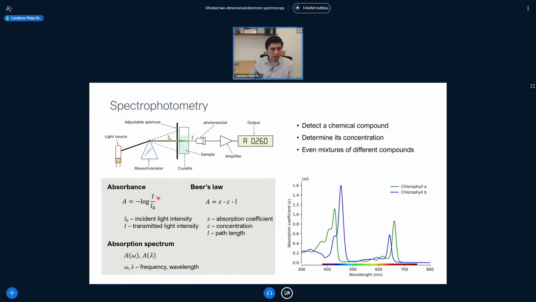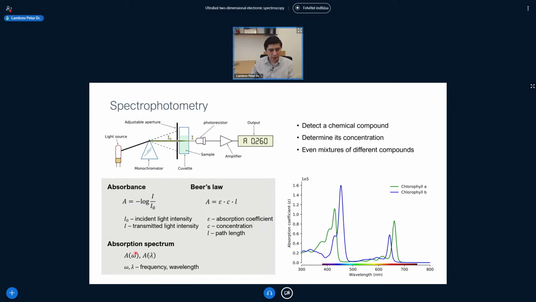Now, the negative logarithm of that quantity is the absorbance, and we know from Beer's law, the absorbance is proportional to the concentration of the absorbing molecule. So we can detect the molecule, we can determine its concentration, we can use it even for mixtures of different compounds. Now, very useful technique.